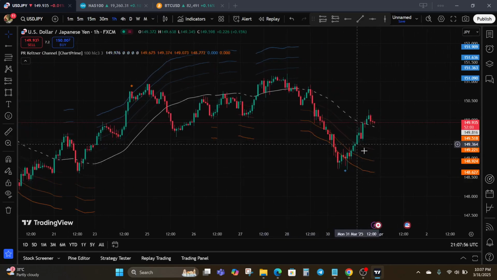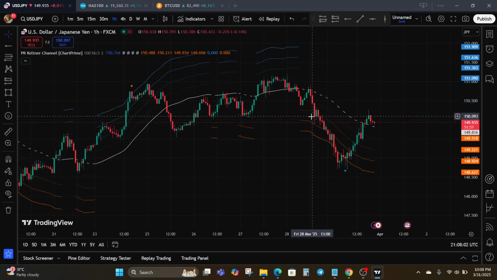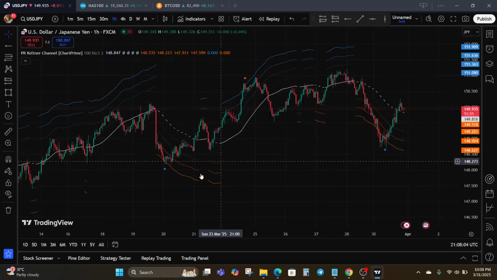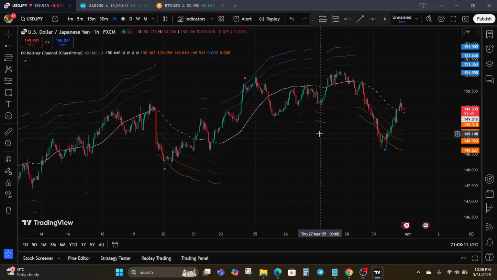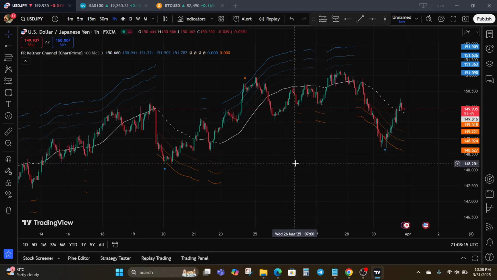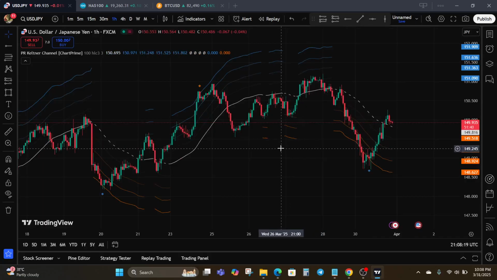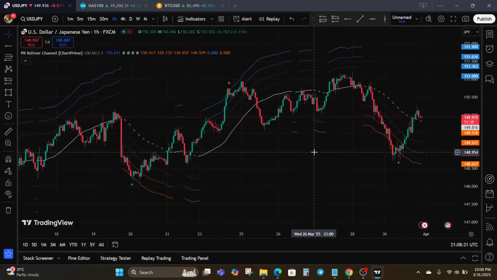Meanwhile, the Polynomial Regression Keltner Channel solves this by providing dynamic trend following bands, which we can see on the chart. These bands adjust to price movements. In addition, the indicator tries to filter out market noise to highlight strong trading opportunities, and it gives clear buy and sell signals based on price action interaction with the bands.